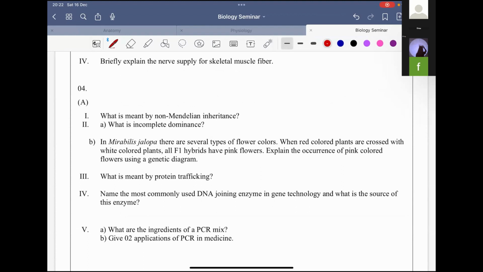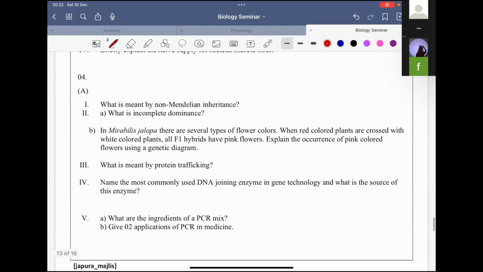Since the next question is about incomplete dominance, we will see a little bit about it. First of all, the question is what is incomplete dominance, right? If there is incomplete dominance, there should be complete dominance, right?